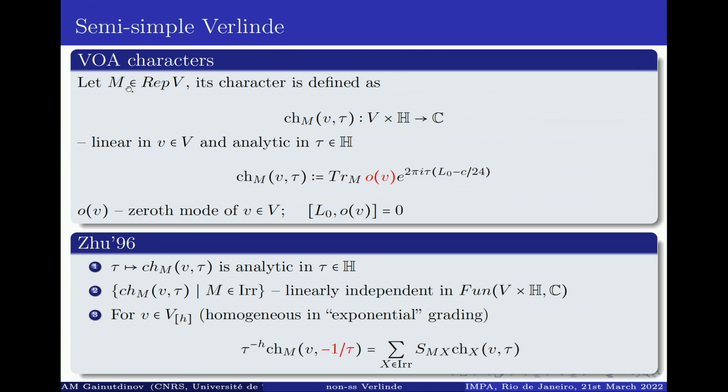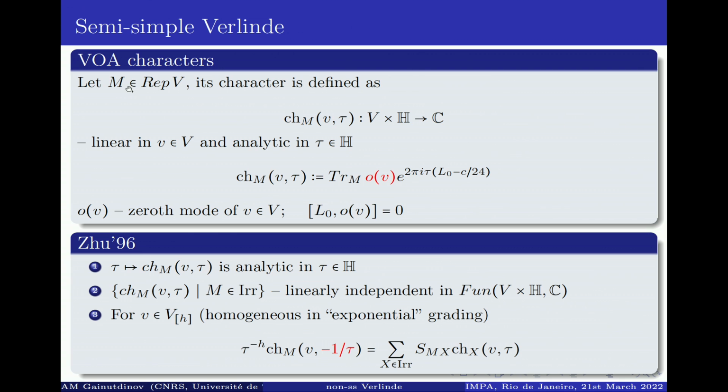But to give a precise statement, let me introduce VOA characters. So let M be a representation of my VOA, and what I call a character is a certain function which is linear in elements of the VOA and analytic in tau in the upper half plane.